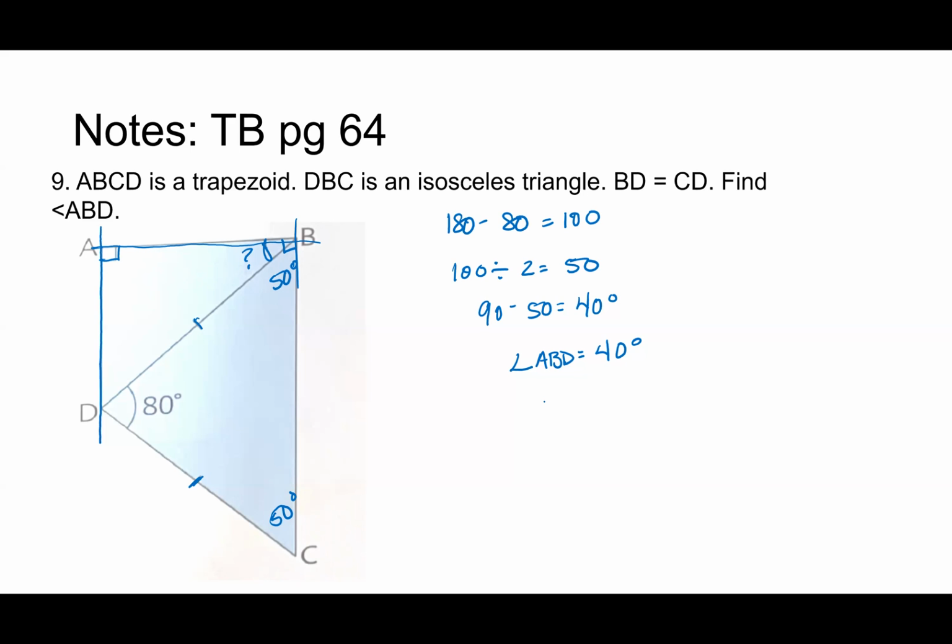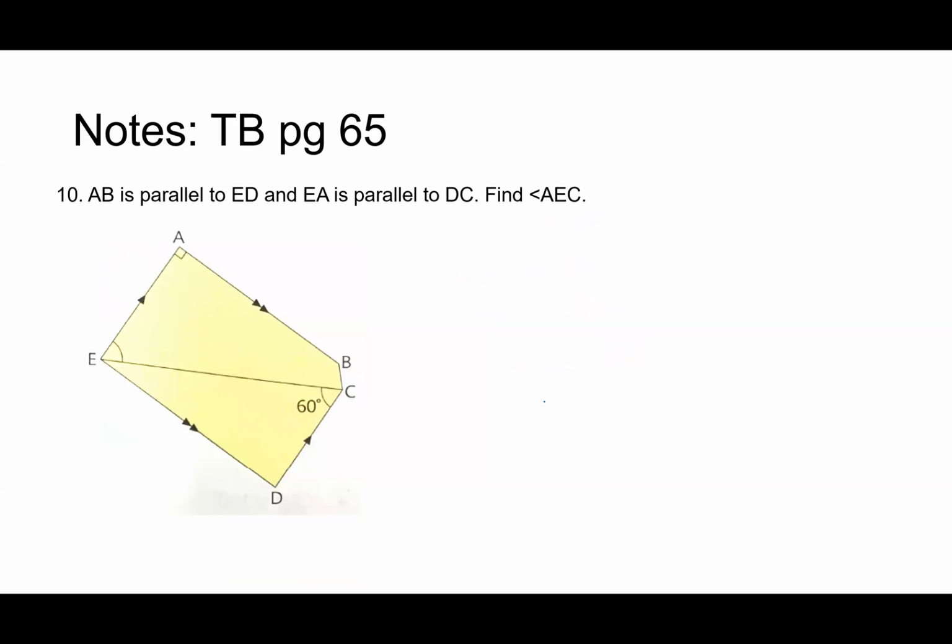Okay, let's do the next one. AB is parallel to ED and EA is parallel to DC. Find the angle. Charlie, help me out. Okay, nice job. So you'd use the Z rule. Way to go.